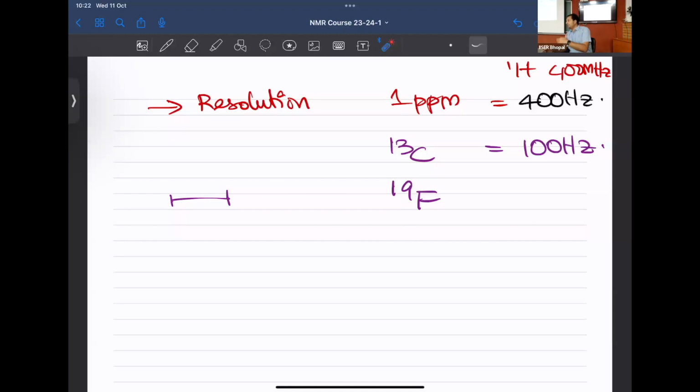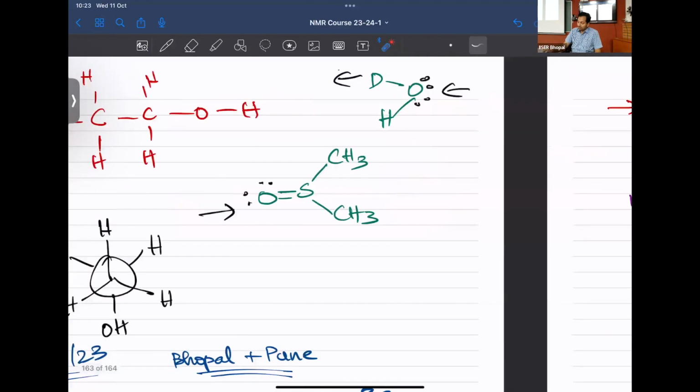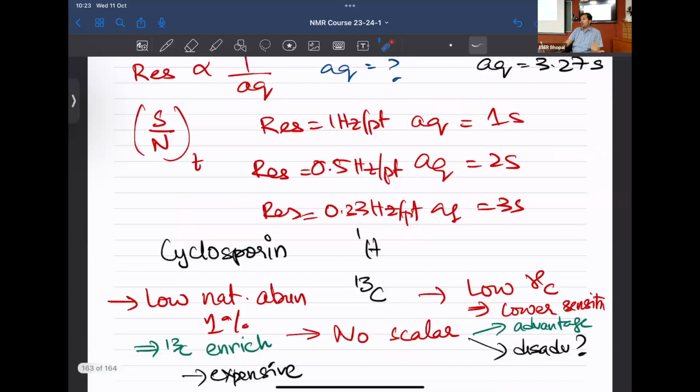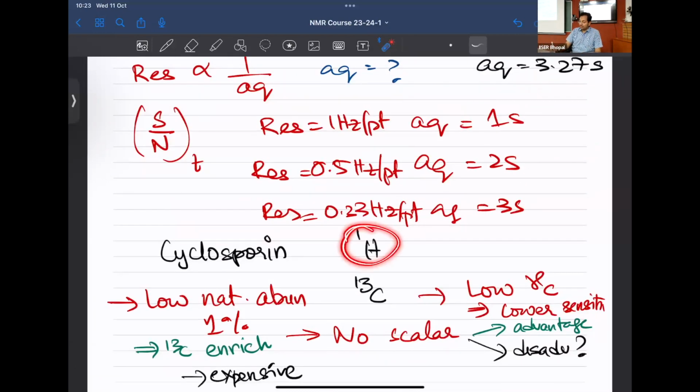So there are advantages, there are disadvantages. We will worry about the disadvantages of having such a large chemical shift window later, but let's not go to it right now. Okay, what are we discussing? We are discussing the fact that as your molecular size increases, yes, you can get other NMR, but going from proton to other NMR has its disadvantages. Fluorine is not present naturally in most of the compounds. Amino acids don't have it. Nucleotides don't have it.